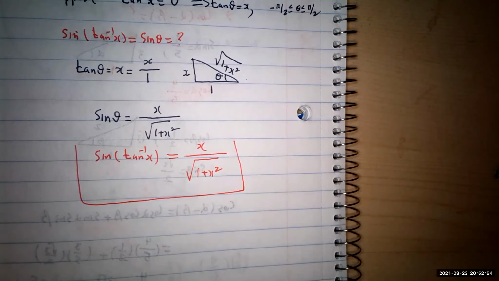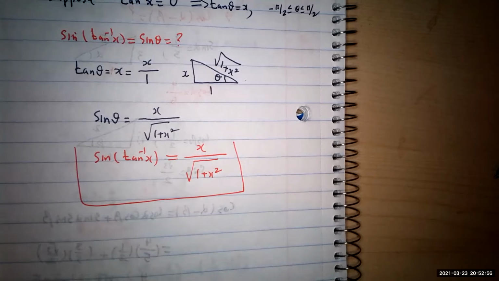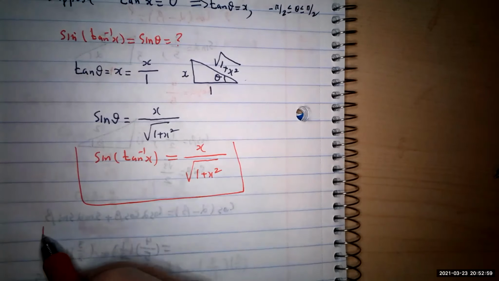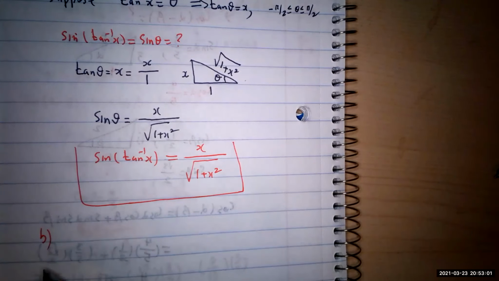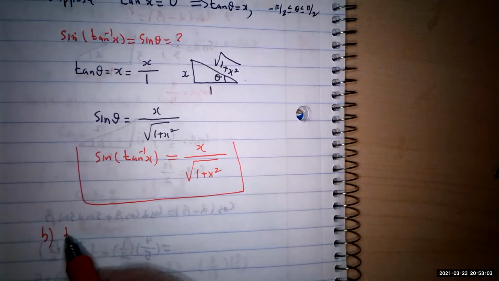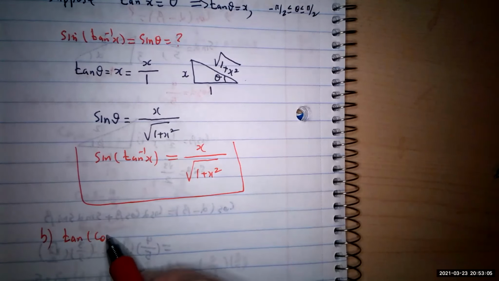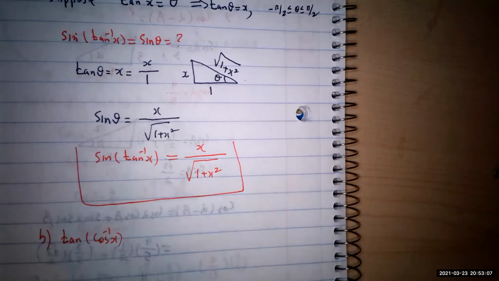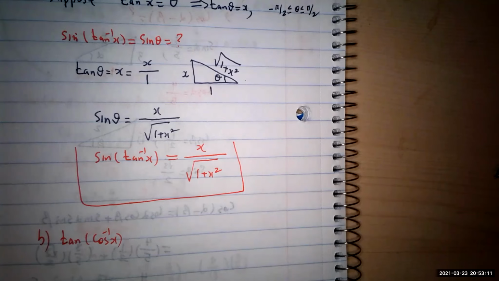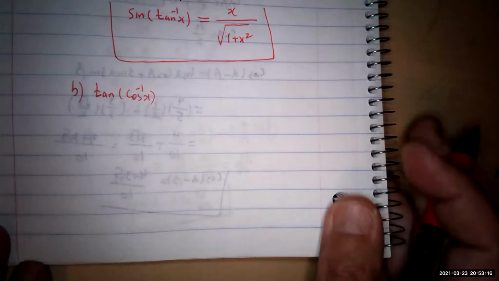So I give you another one, part B. That was part A, just to know it a little bit. So part B is the tangent of the cosine inverse of x. This inverse of a trigonometric function has many applications really. These are very useful.